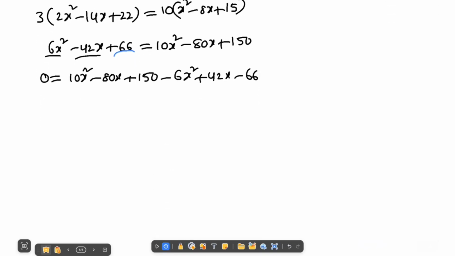So now it will be 0 equals, now add the like terms: 10x square minus 6x square will be equal to 4x square. Next, what are the like terms? Minus 80x plus 42x, it is minus 38x, I think. Yes. So next, plus 150 minus 66, how much will it be? 84, plus 84.